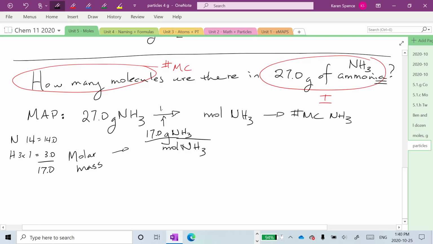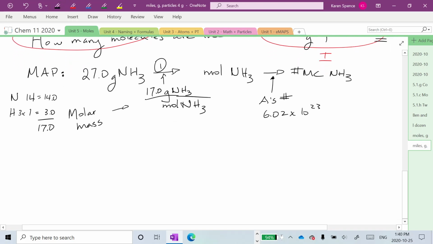All right, that would be step 1. Step 2, how do we convert between moles and particles? Well, that's going to be Avogadro's number, 6.02 times 10 to the 23. Okay, so let's actually do this question.